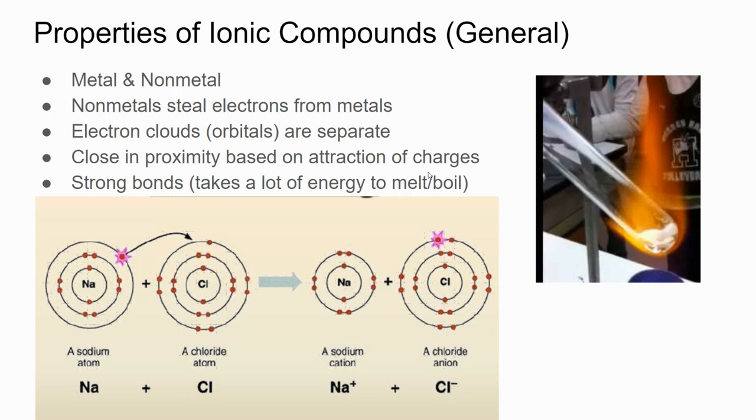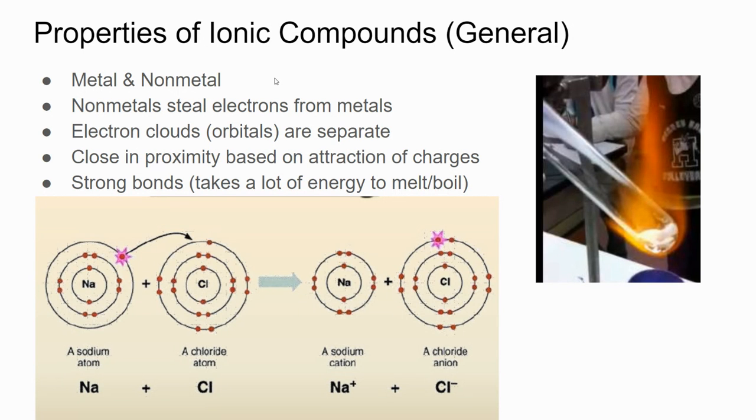Continuing on here, ionic compounds are always made of a metal and a non-metal. So if you see a metal and a non-metal, you know it's ionic. The non-metals steal electrons from the metals, so the non-metals become negative and the metals become positive.